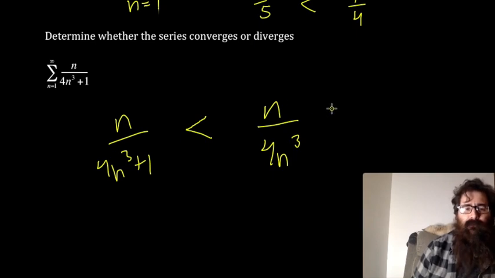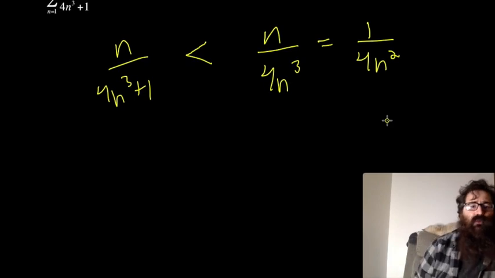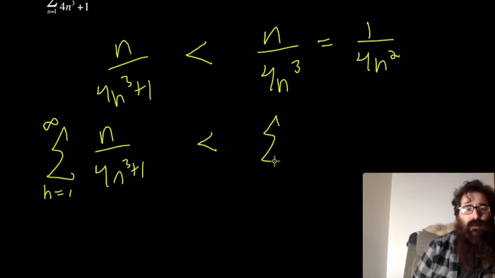But here, this n over 4n cubed, I can simplify it. I didn't yet, but I'm going to. That's 1 over 4n squared. And now let's think about these as series. Term-wise, and I want you to notice these are series with only positive terms, so it's worth mentioning that as a condition of the comparison test, the sum from n equals 1 to infinity of n over 4n cubed plus 1 should be smaller than the sum from n equals 1 to infinity of 1 over 4n squared.